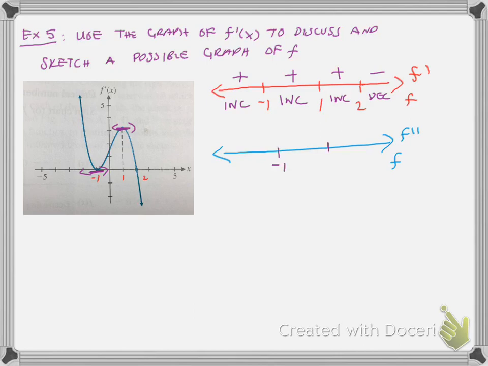So -1 and 1. And this takes a minute to digest. So you may have to go, and I guess a good thing of me not being in class is that you can look at this video over and over again to make sure you understand what's going on. But again, remember, this is where f double prime is 0, because this is the graph of f prime, not f, okay?